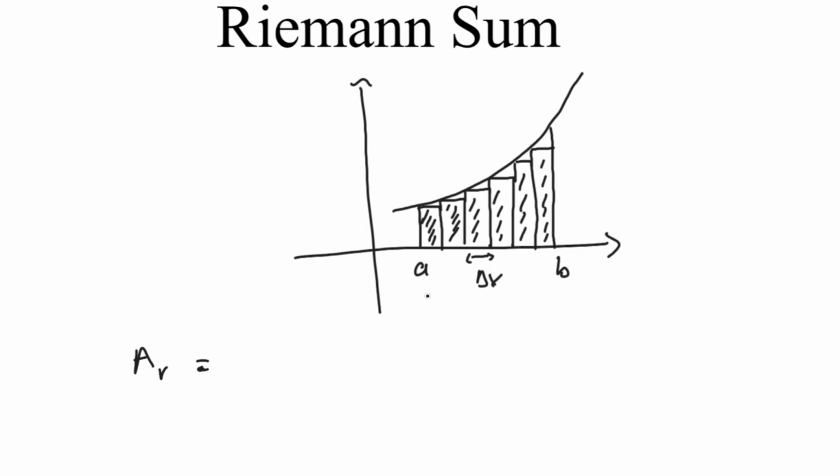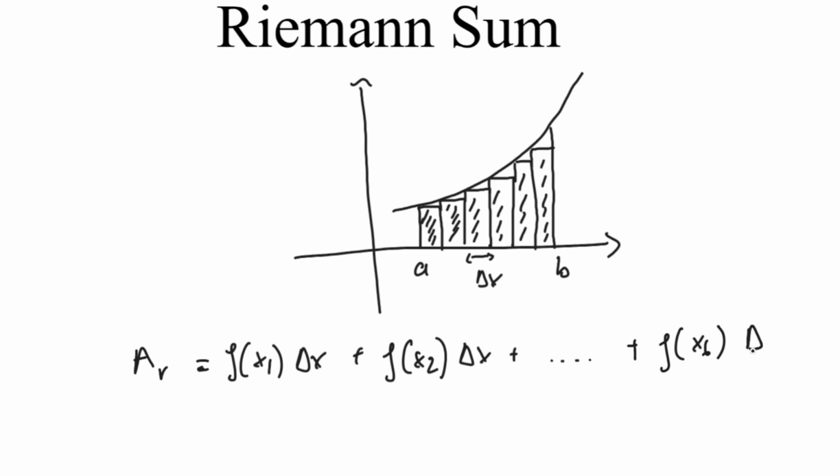So the area of the first rectangle is f(x1) delta x, and f(x2) delta x is the second rectangle, the height times the width, plus, and so on to f(x6) delta x.